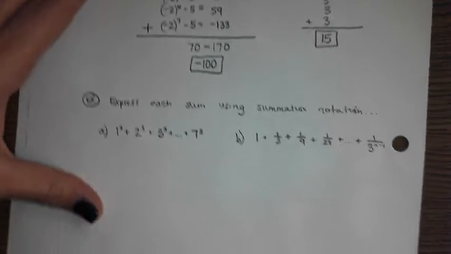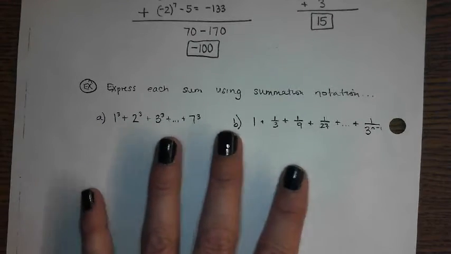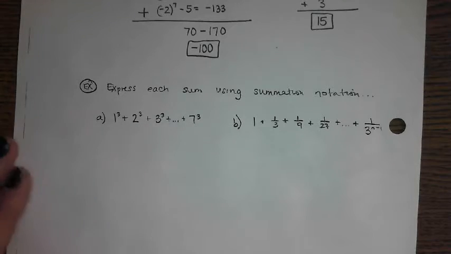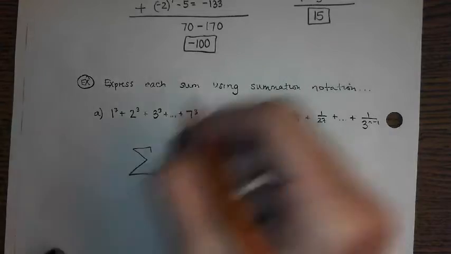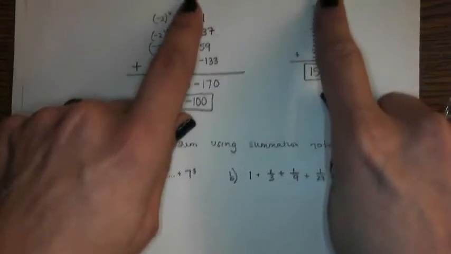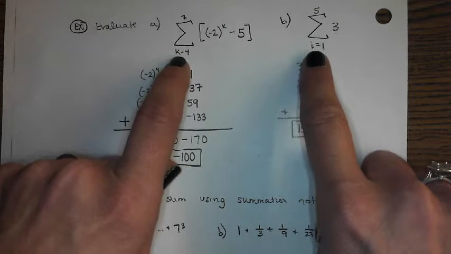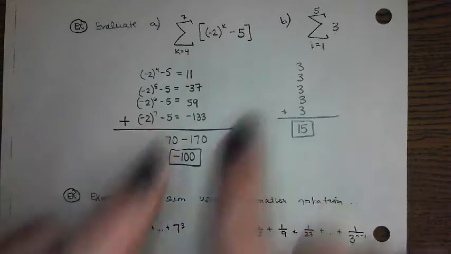And then this kind of taking a sequence and going backwards, figuring out what the summation would have looked like to make this happen. So, what do they call this? The index variable. It can be k, it can be i, it can be j. It's really just a variable.